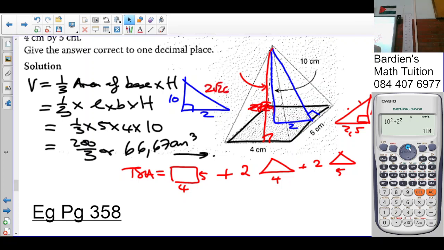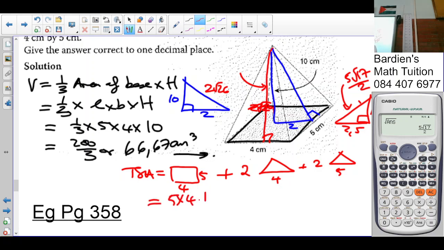And the other one, the square root thereof, 5 root 17 over 2.